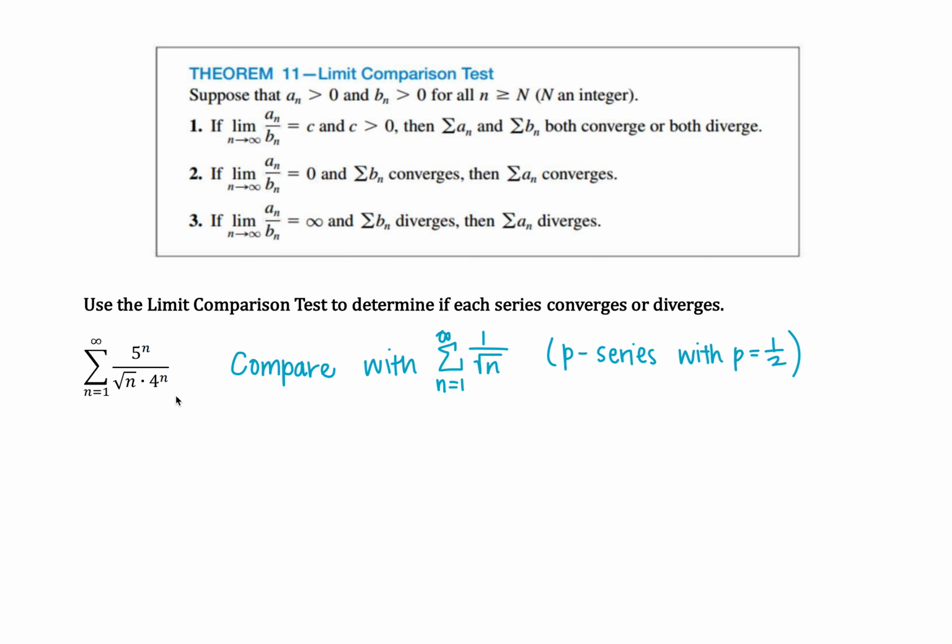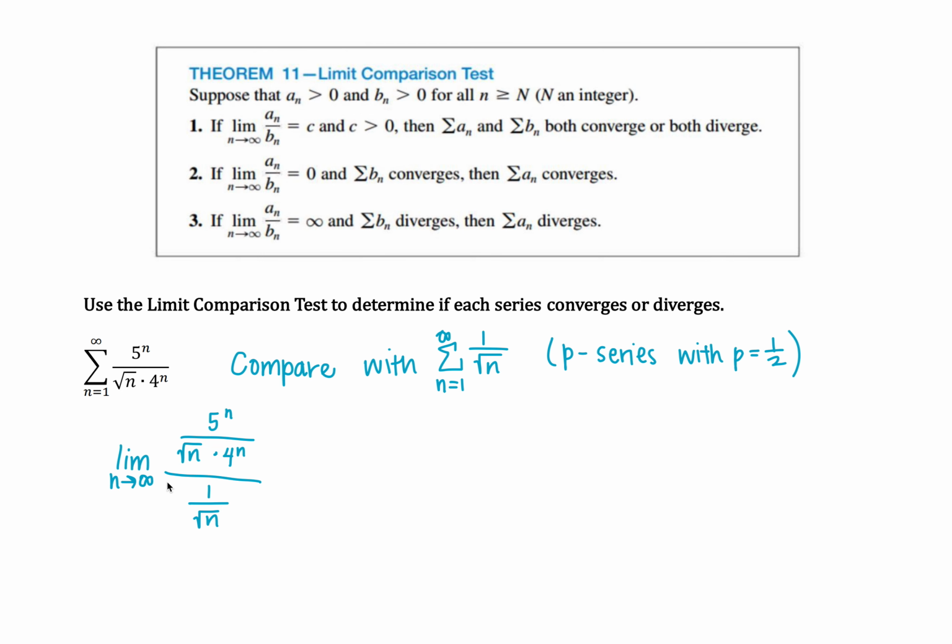So let's look at the limit comparison test. I'm going to take the limit as n approaches infinity of this entire term, 5 to the n over the square root of n times 4 to the n, and in the denominator, 1 over the square root of n.